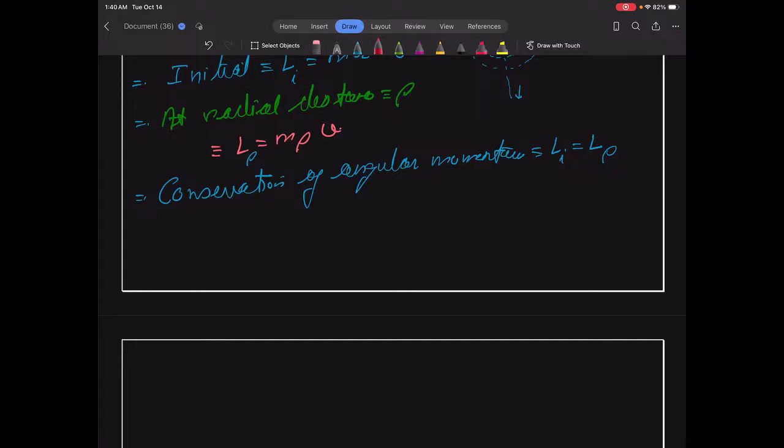Therefore m r v naught will be equal to m rho times v, and the mass cancels out, so we get that v will be equal to v naught times R upon rho.